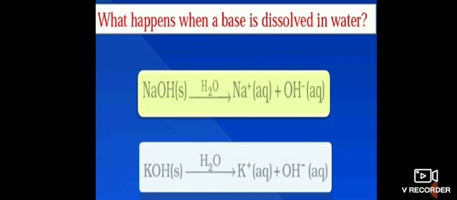What happens when a base is dissolved in water? Dear children, here I have given 2 examples. Sodium hydroxide, when dissolved in water, will ionize as Na+ and OH-. Likewise, potassium hydroxide, when dissolved in water, will ionize into K+ and OH- ions.